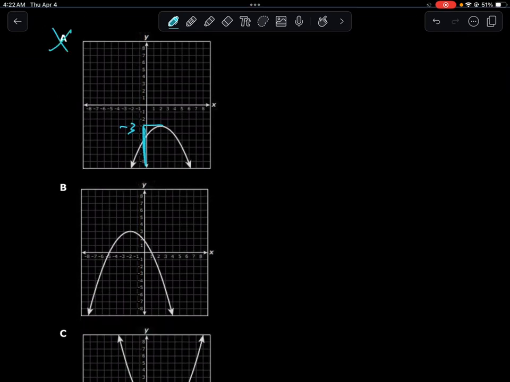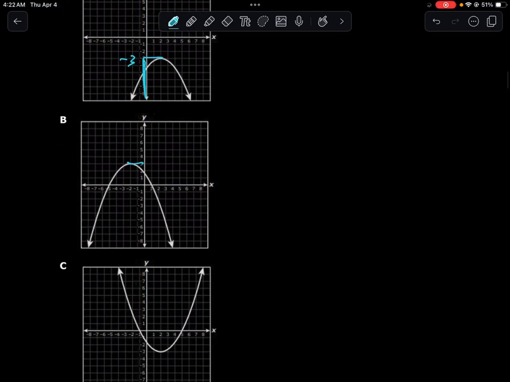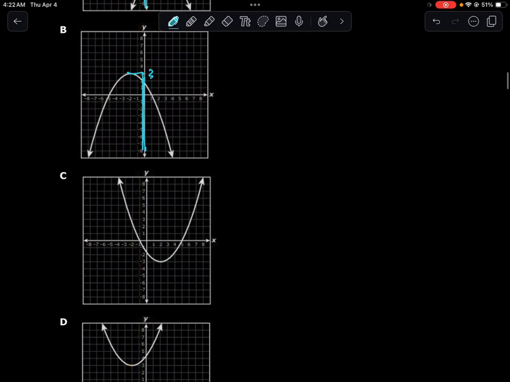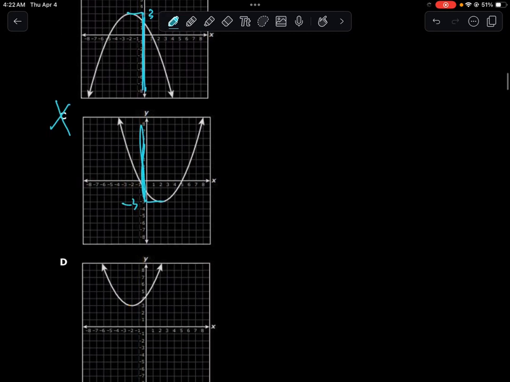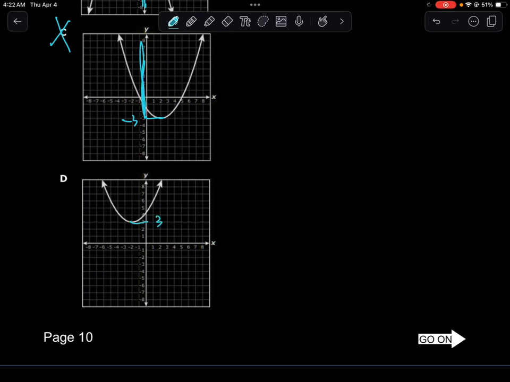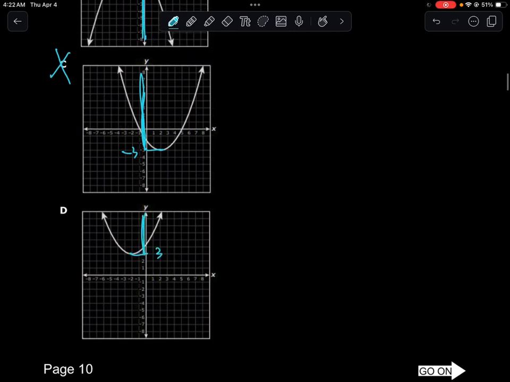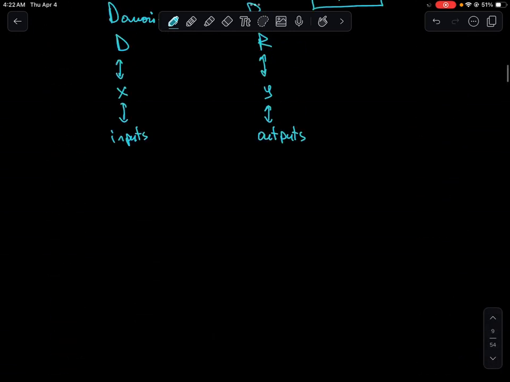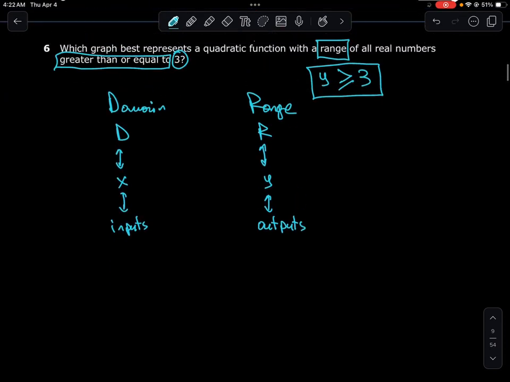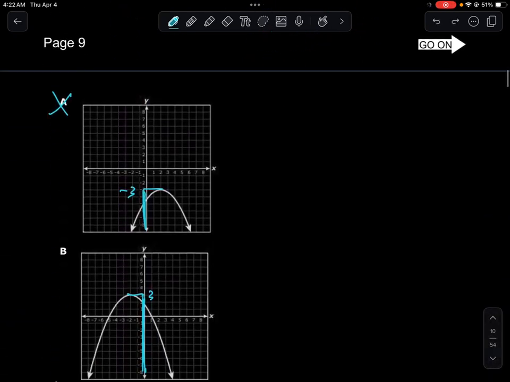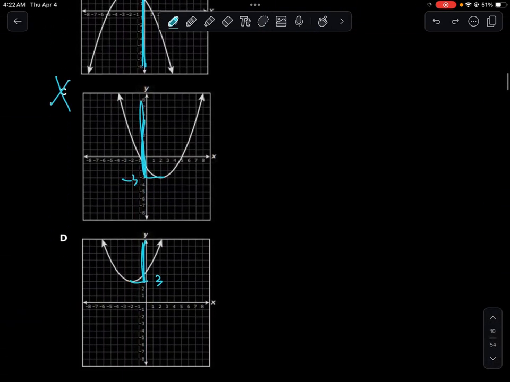We didn't want that. And that's from 3 and down. And that's from -3 and up. We don't want that. And that's from 3 and up. What we got is that y is greater than or equal to 3, so it's 3 and up, and the correct answer should be D.